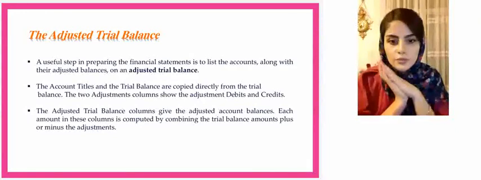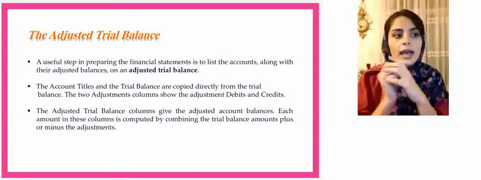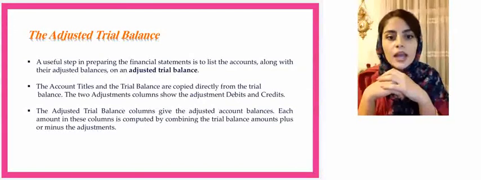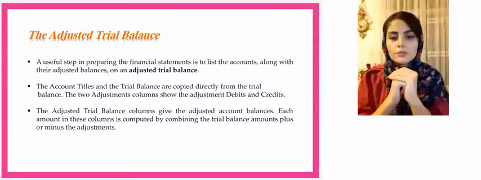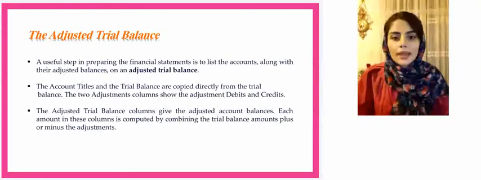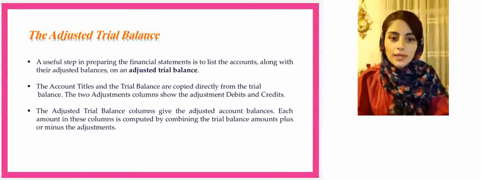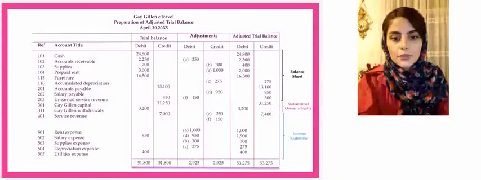The two adjustment columns show the adjustment debits and credits. And then the adjusted trial balance columns give the adjusted account balances. Each amount in these columns is computed by combining the trial balance amount plus or minus the adjustments.